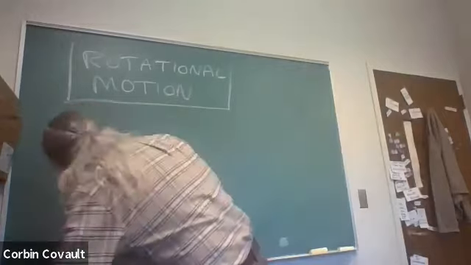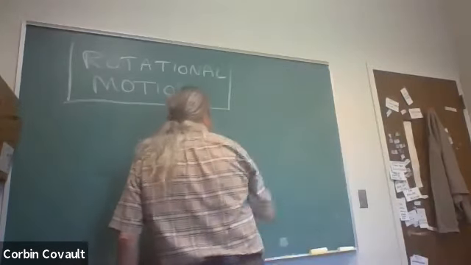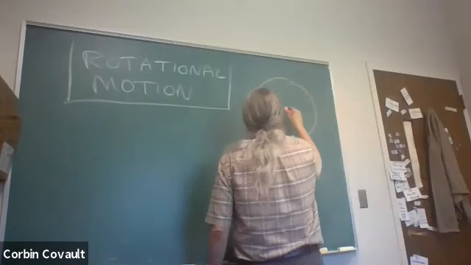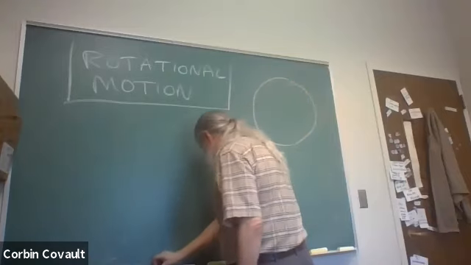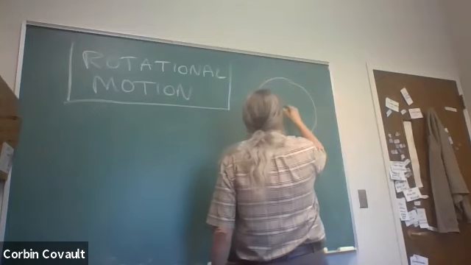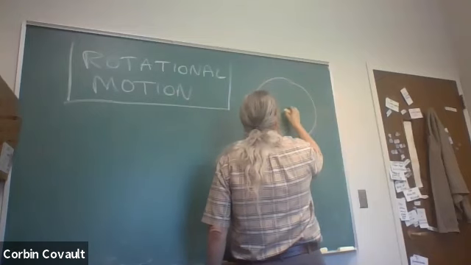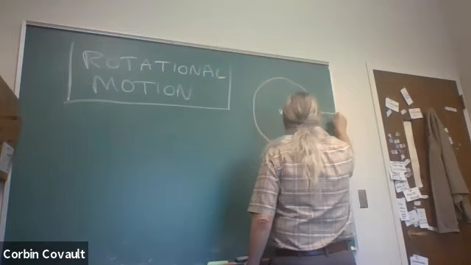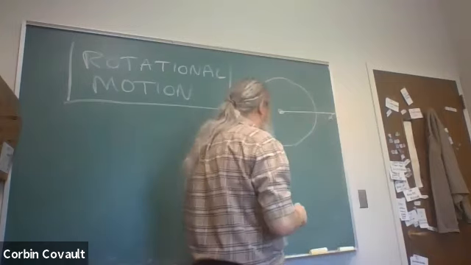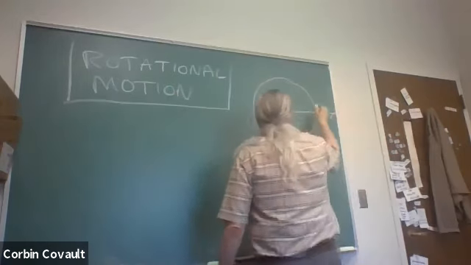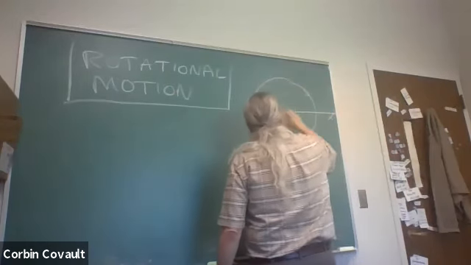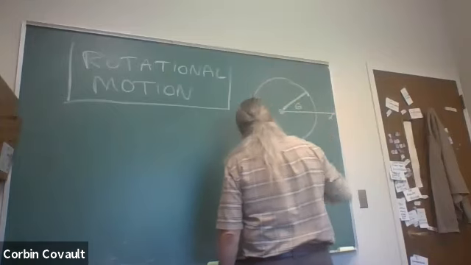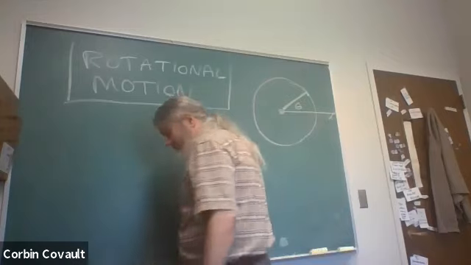So I've got a circle like this, and that's my wheel or my disc or anything that would rotate about an axis. I'll call that a reference position corresponding to zero. If I have some mark on the wheel as it's moving, I can measure the position of the wheel in terms of some angle theta.